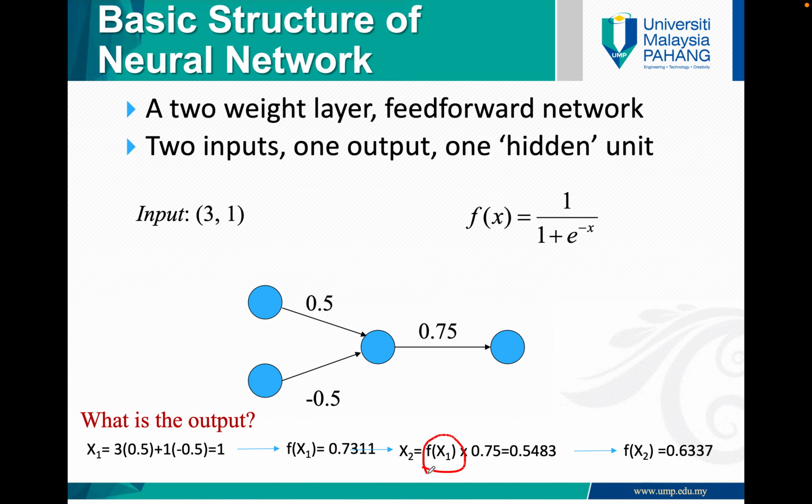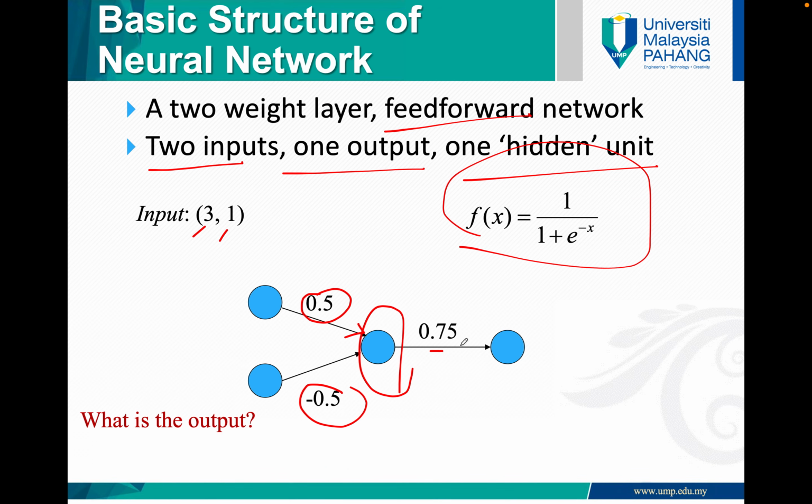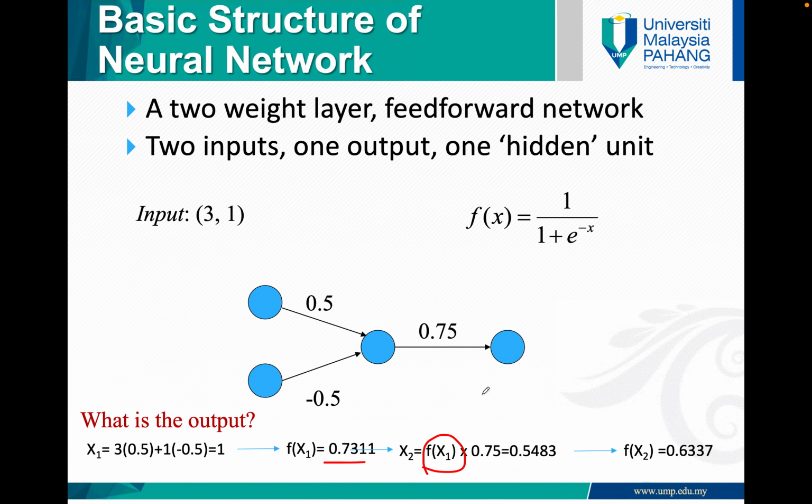We already have f(x1), the value 0.7311 from this formula, times 0.75, because we already have the weight given in the question. Then you have the output value 0.5483.